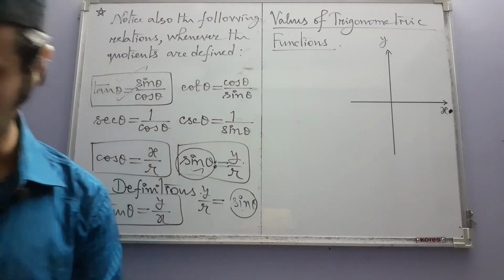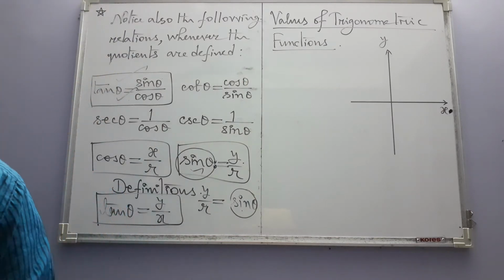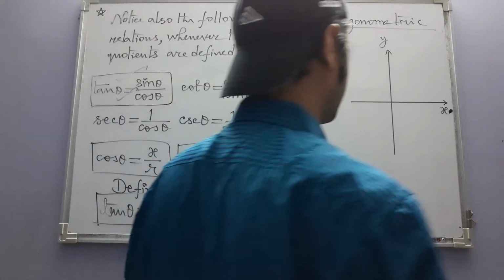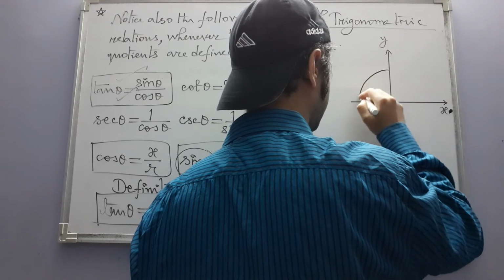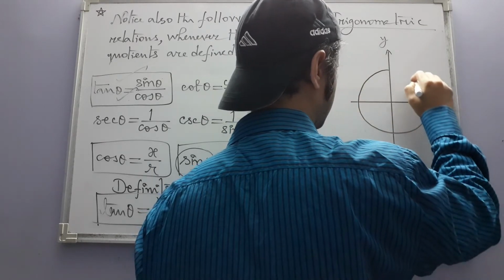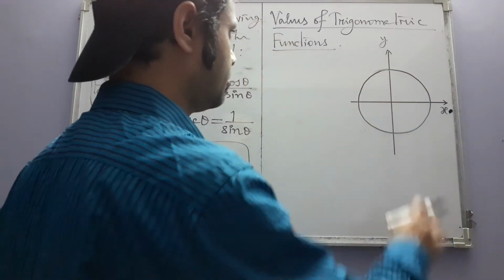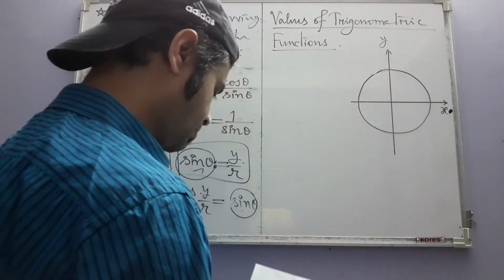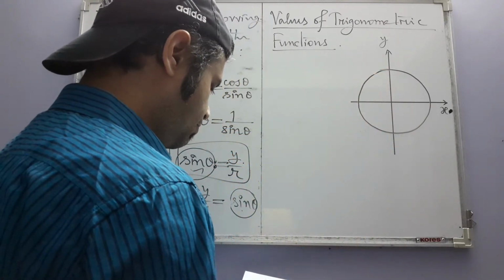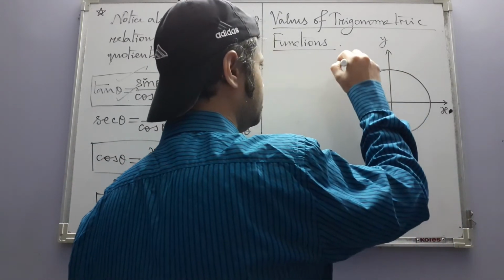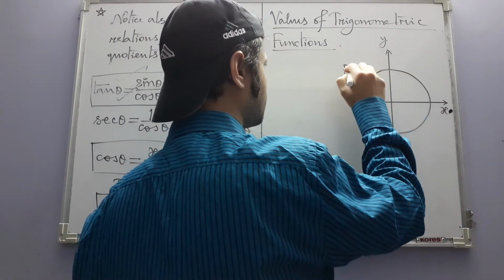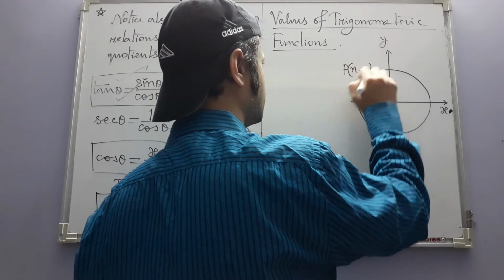So this is our coordinate system, and now we will not draw just any circle, that is circle of any radius, but a circle of unit radius, radius 1. And we again have our point P, x comma y.